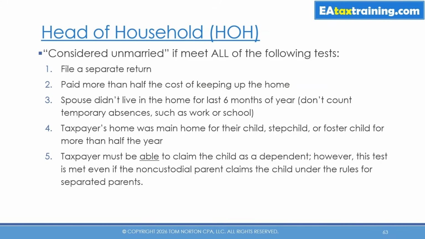So there can be circumstances where even though you are able and you are qualified to claim them as a dependent, you do not do so because the non-custodial parent, the other parent, claims the child under these rules for separated parents that we will be talking about. But the rule here is that you had to have been able to claim them, even if you did not actually claim them. So if you meet all of these tests, then even if you are legally married on the last day of the year, you can still qualify for head of household as long as you meet all of the other head of household tests.